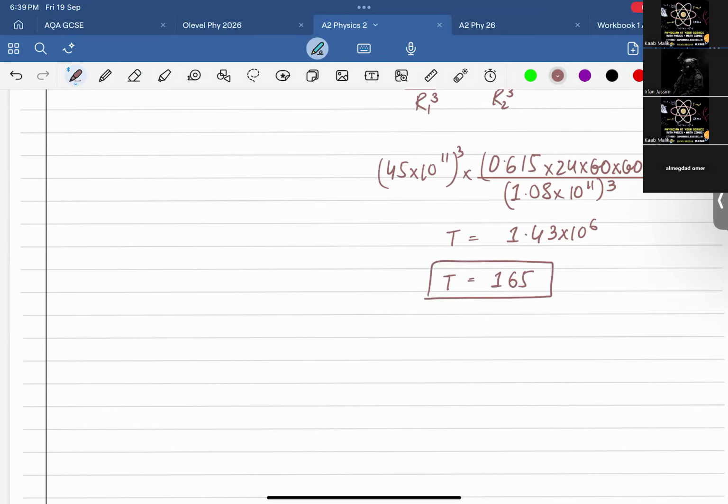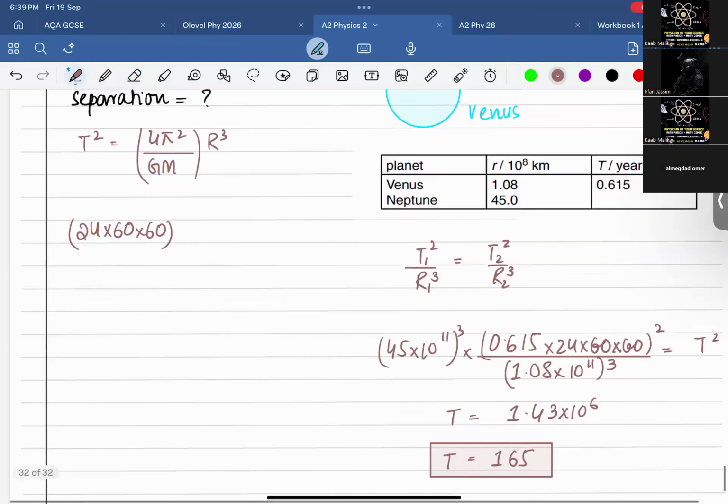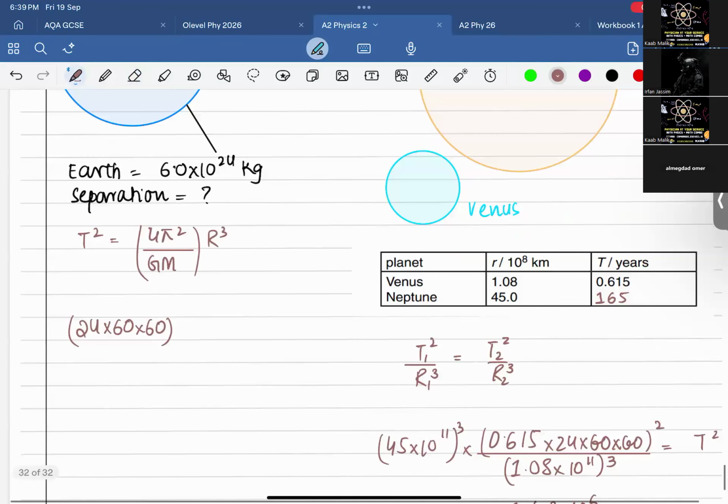Which means 165 years. So Neptune requires 165 years to complete one rotation around the sun, right? Which means the Earth will rotate for more than 1.5 centuries, and after that Neptune completes one of its motions. Is that clear, guys?